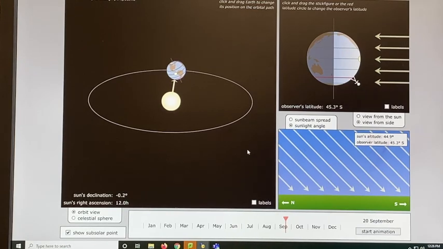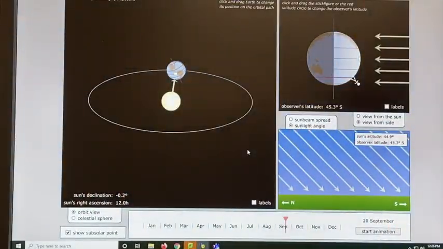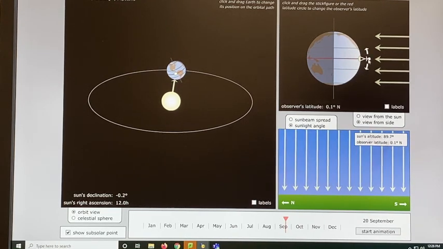Okay, get that as close as we can. And we're now doing the equinox, the autumnal equinox. And we again put our person at the equator. All right, as close as we can, good enough.